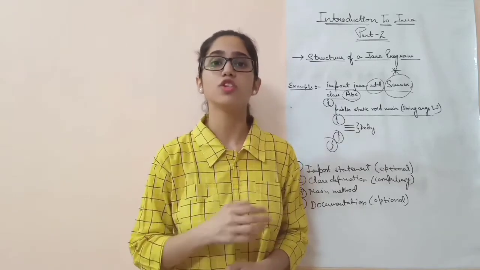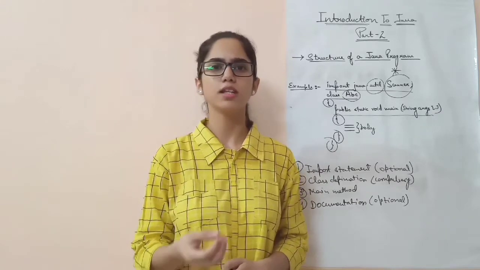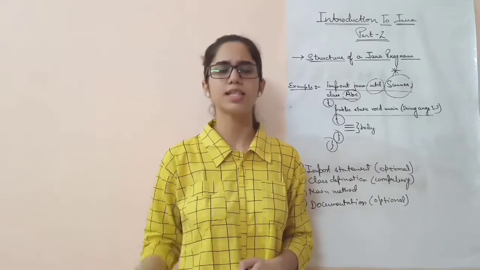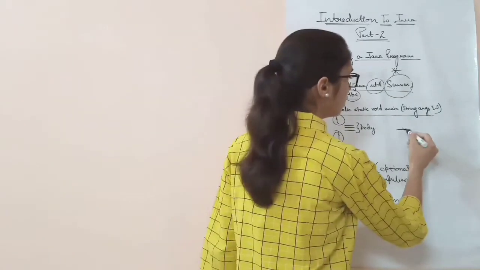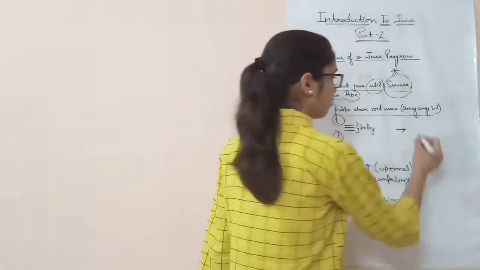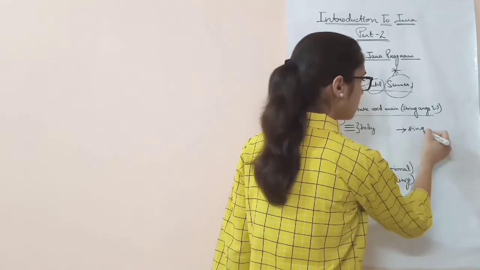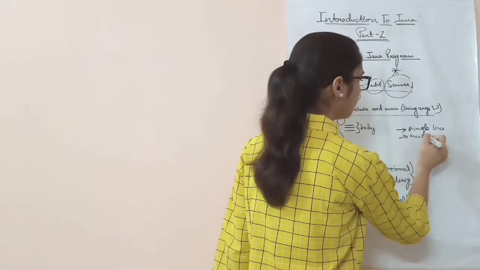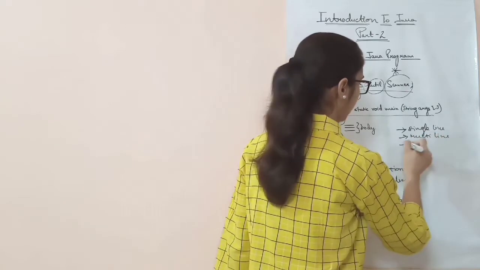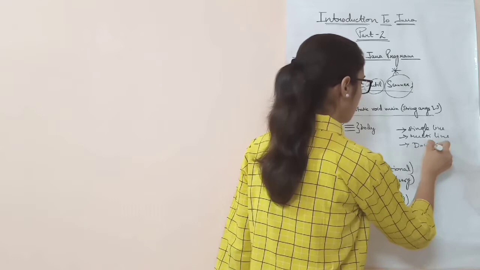They are used to define the purpose, or you can say the course of action, of each step in the program. Now there are three kinds of comments. First is a single line comment. Next is a multi-line comment. And the last is a documentation comment.